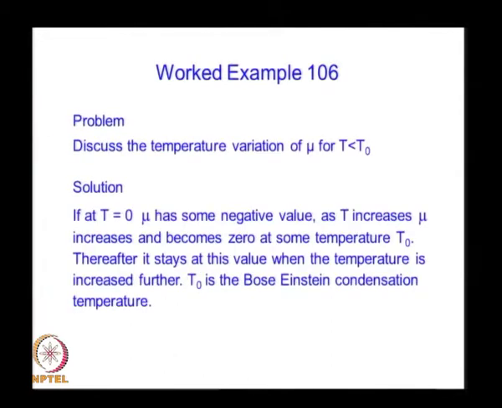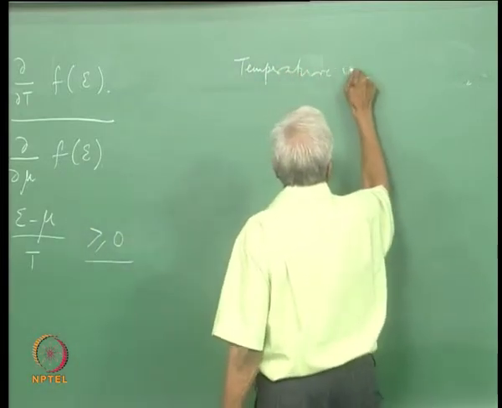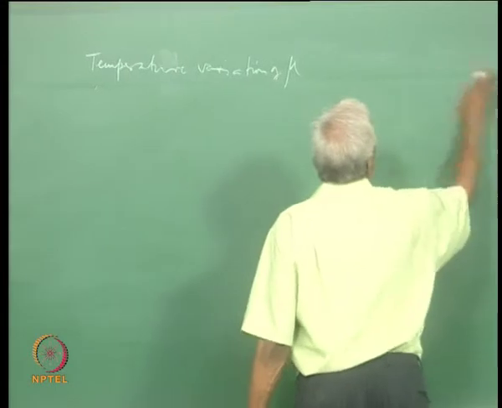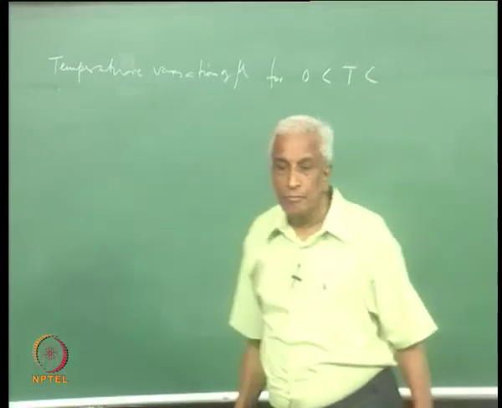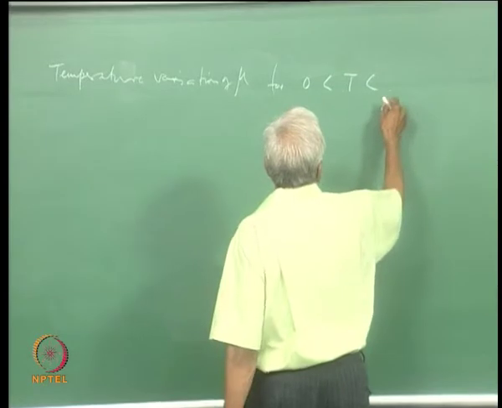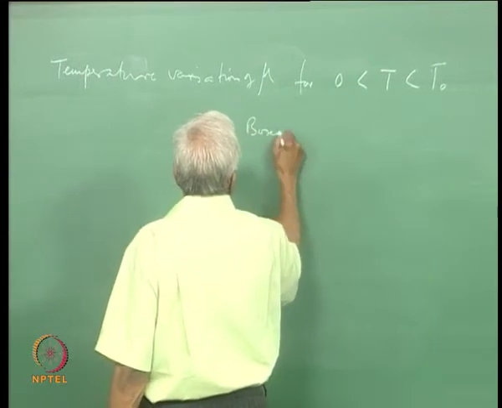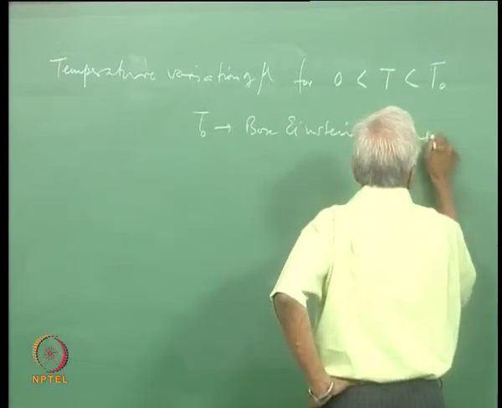In the next example, we are asked to discuss what happens, discuss the temperature variation of mu for 0 less than T less than T0, where T0 is the so called Bose-Einstein condensation temperature, which we discussed in the lecture.